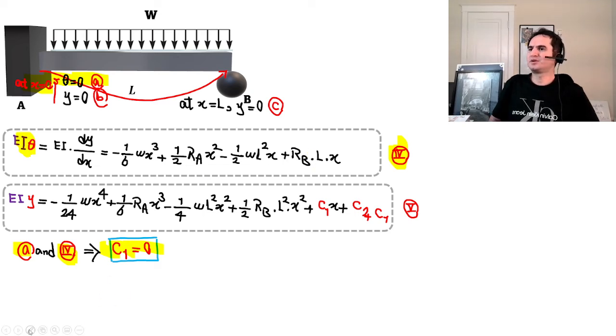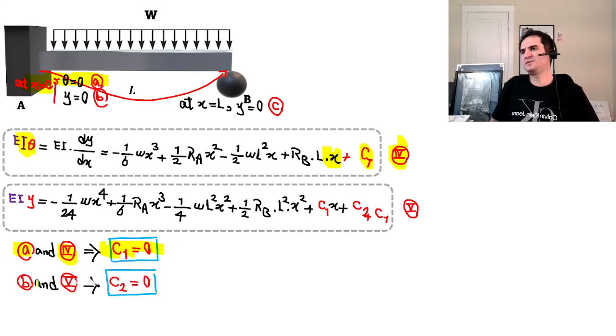That should accompany C1, so that simply gives us C1 equal to 0 if you replace x by 0 in this equation. The other one is point B. Let's go by a different color, for example, light green.